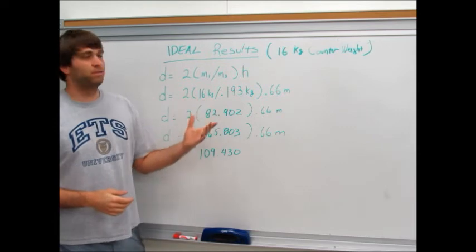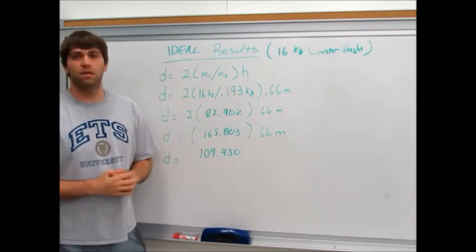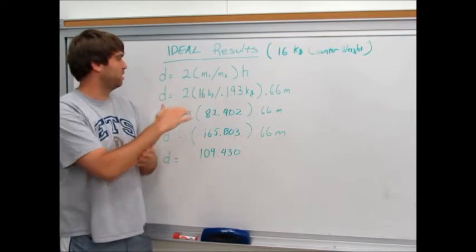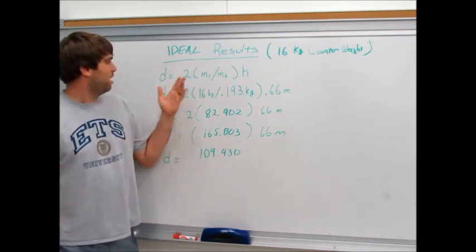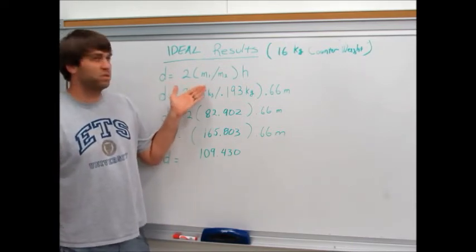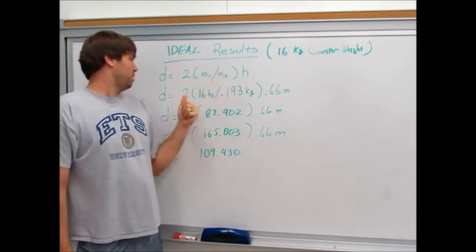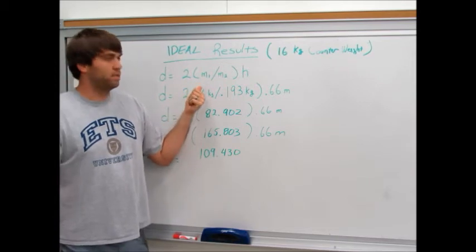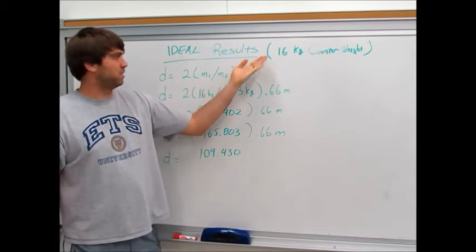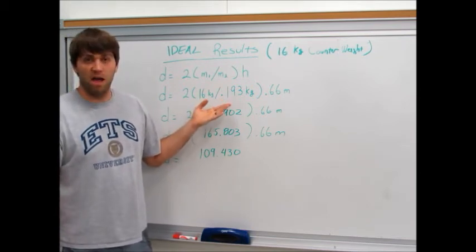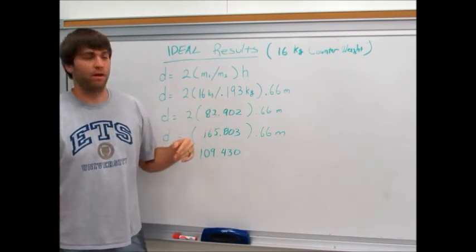For the ideal results for the 16 kilogram counterweight, let's start again with the basic formula. Distance equals 2 times mass 1 divided by mass 2 times h. Mass 1 is the mass of the counterweight, 16 kilograms. Mass 2 is the mass of the softball, 0.193 kilograms.